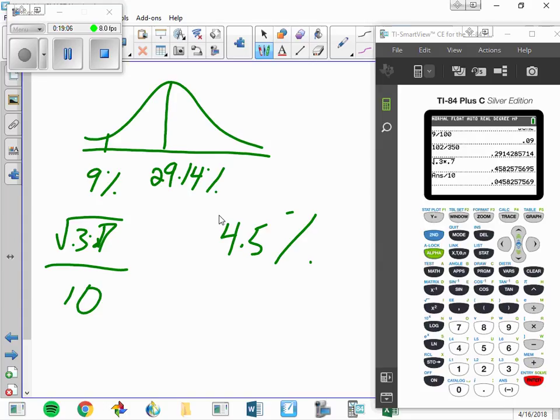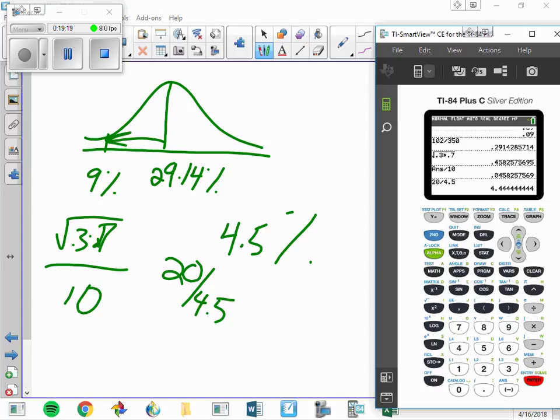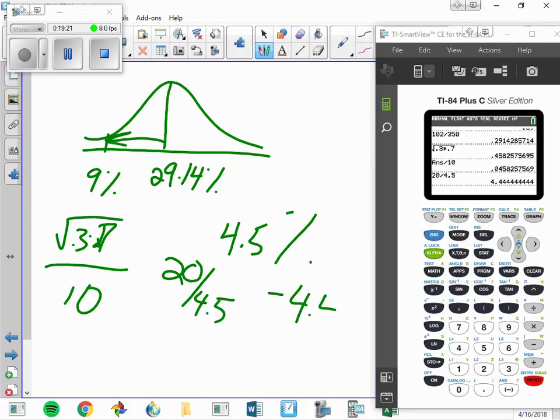Now I need a z-score. My z-score is going to be 20 divided by 4.5, which is a z-score of negative 4.4.